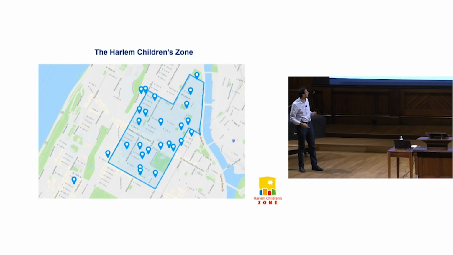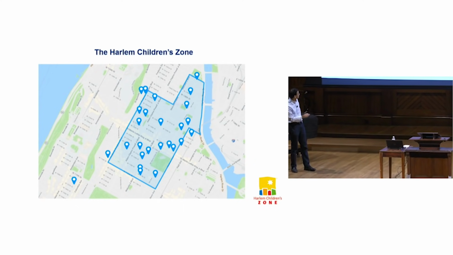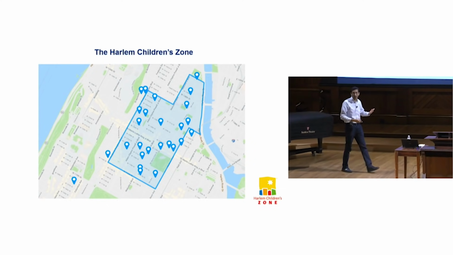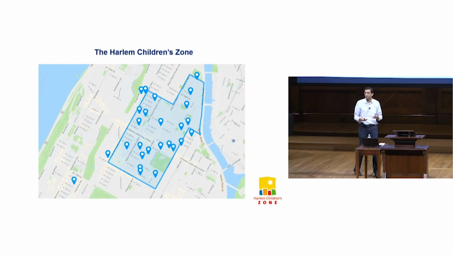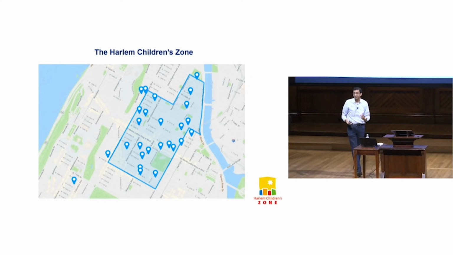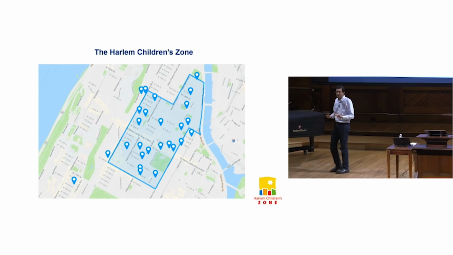You could take, coming back to this map of Harlem, you could imagine, define this as the treatment group, and then take the places that were just south or just north, and look at the kids who happen to live just outside the boundary versus inside the boundary, and look at what happened to their outcomes using these data, right? And so you could imagine doing that kind of thing across the country for lots of different programs that people have tried in order to build this knowledge base.